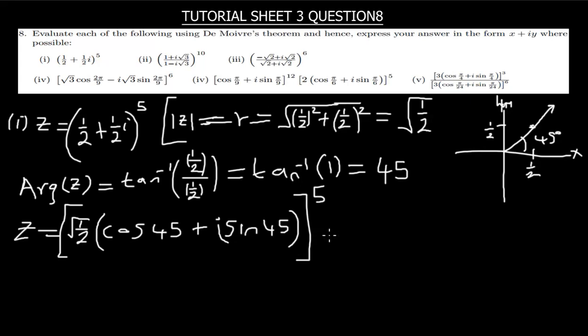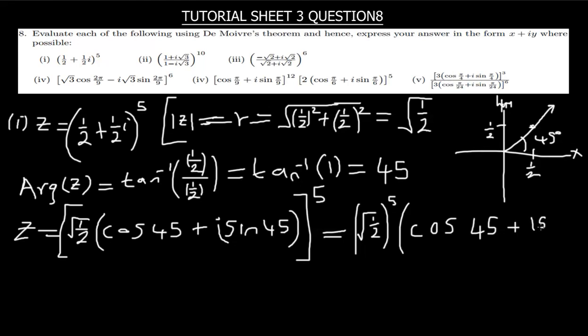And according to the rules of indices, this can also be written as the square root of half, in brackets like that, and then to the power 5, and then open brackets again, cos 45 plus i sine 45. You close the brackets like that, then to the power 5 as well.